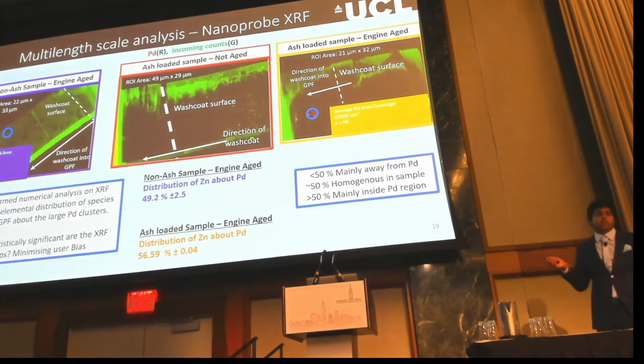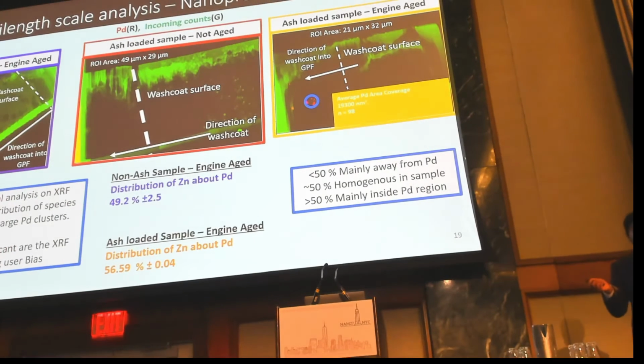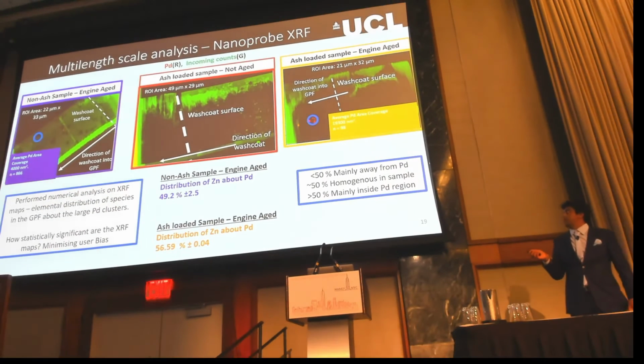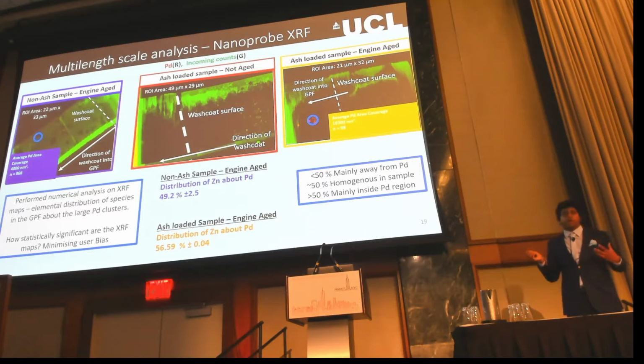I won't go into too much detail about the actual statistics of it, but the main information that we got was we could highlight the elements present around the palladium species. What we found was when these ash-loaded systems were engine aged, it showed us that there was a high amount of zinc present around these palladium species. This is great for what we're mapping about these structures.